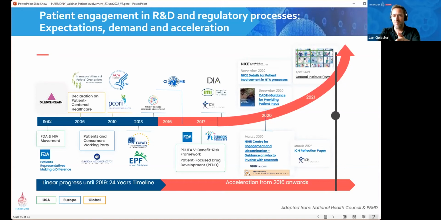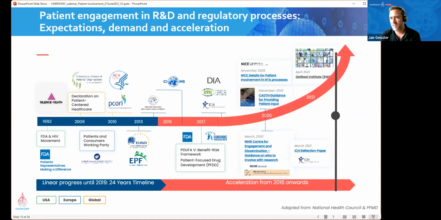And I could spend 20 minutes on that kind of evolution, but you see that over the years, with the EMA in 2005 starting patient involvement, with the FDA having patient representatives in different committees, with the foundation of patient-focused medicine development and EUPATI around 2012 to 2015, with the uptake in DIA and increasing activity also in the whole portfolio of IMI and IHI projects, and also guidances provided by the National Institute for Clinical Excellence in the UK and so on.